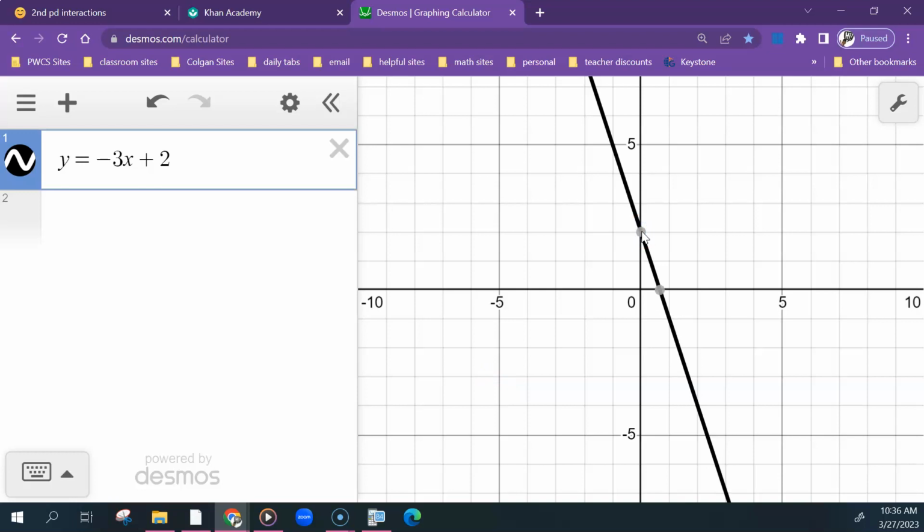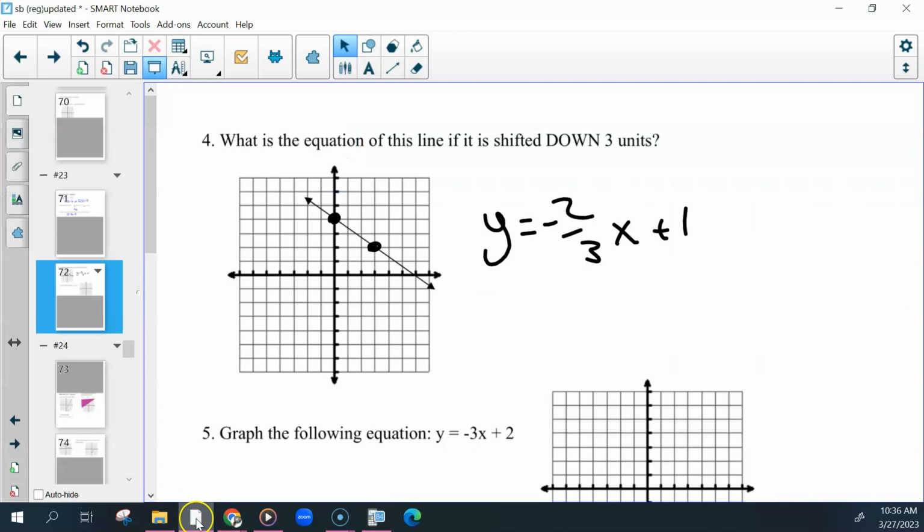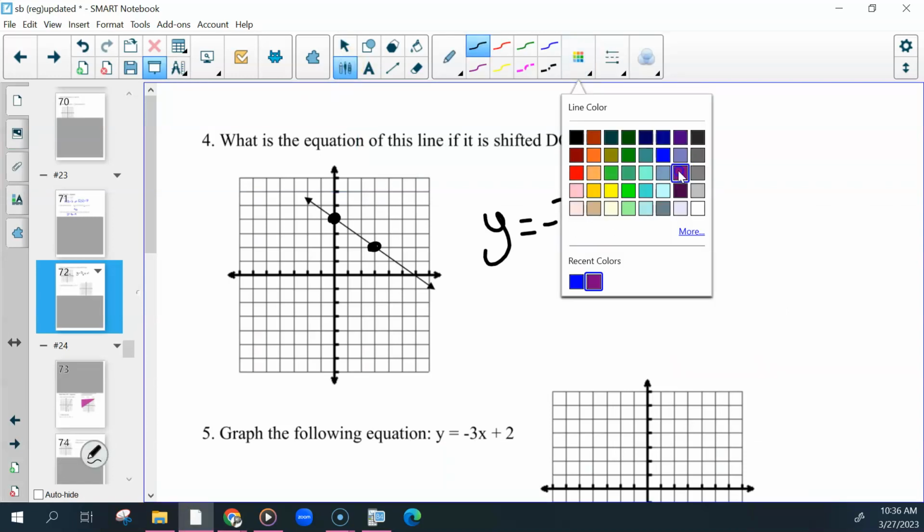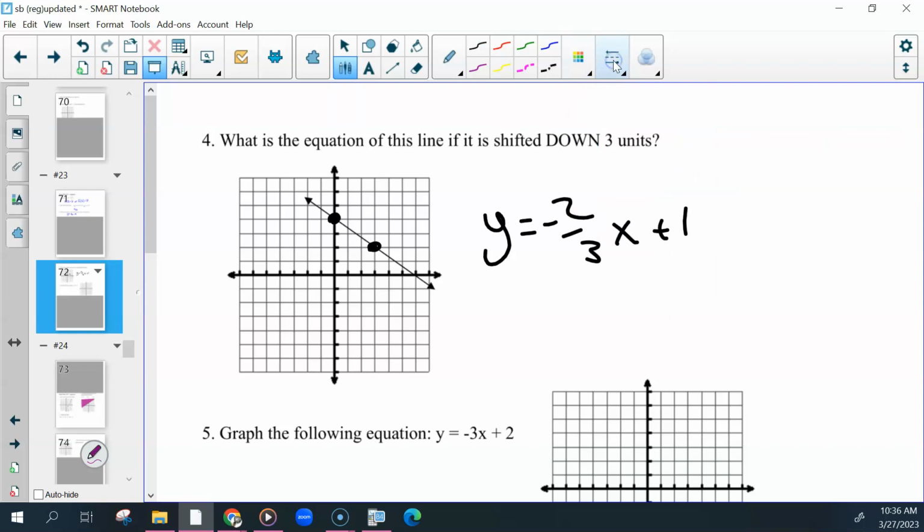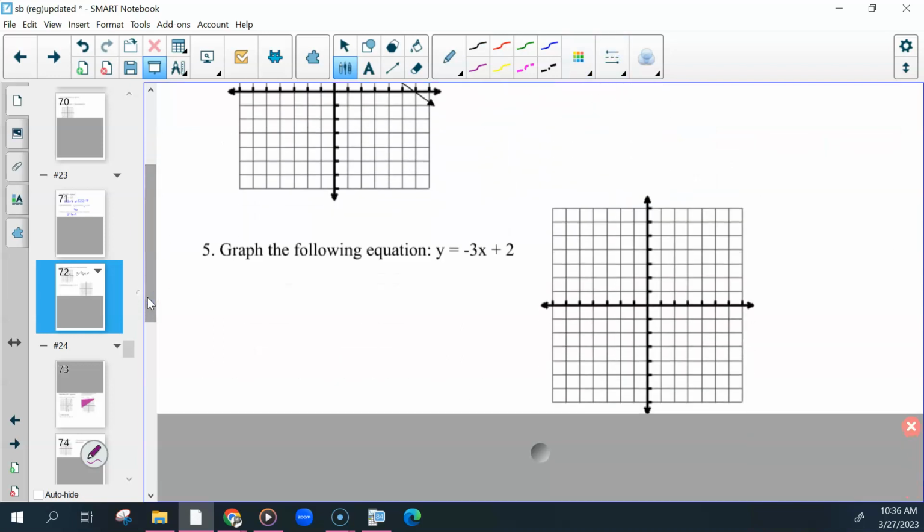So negative 1, 5, negative 1, positive 1, 1, and plot either of those points. Yes, that's what I meant. Positive 1, negative 1. I kept mixing up the signs. What was the y-intercept?